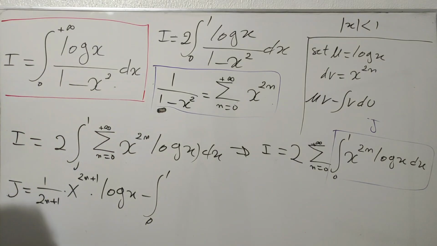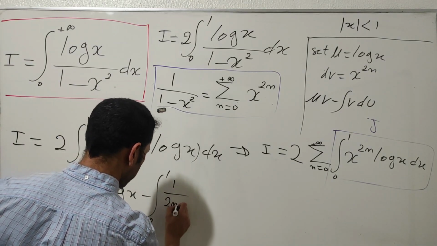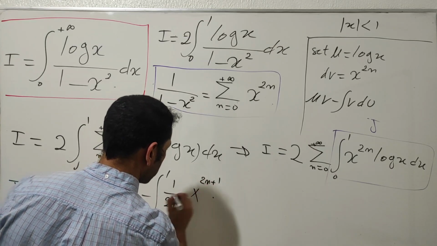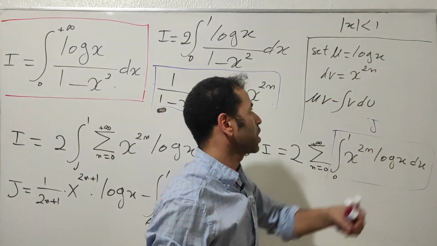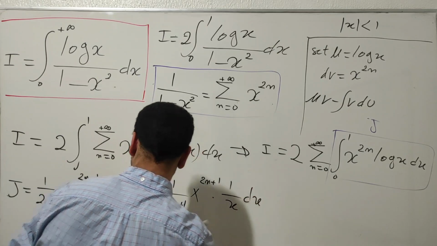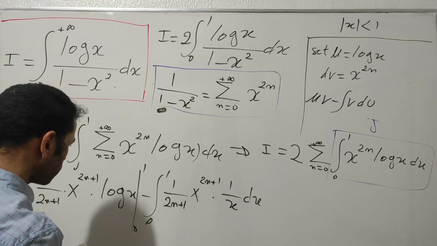Looking for the primitive of dv, I get 1 over 2n plus 1 of x to the 2n plus 1. By taking the derivative of log of x, I get 1 over x dx. This one is evaluated from 0 to 1.